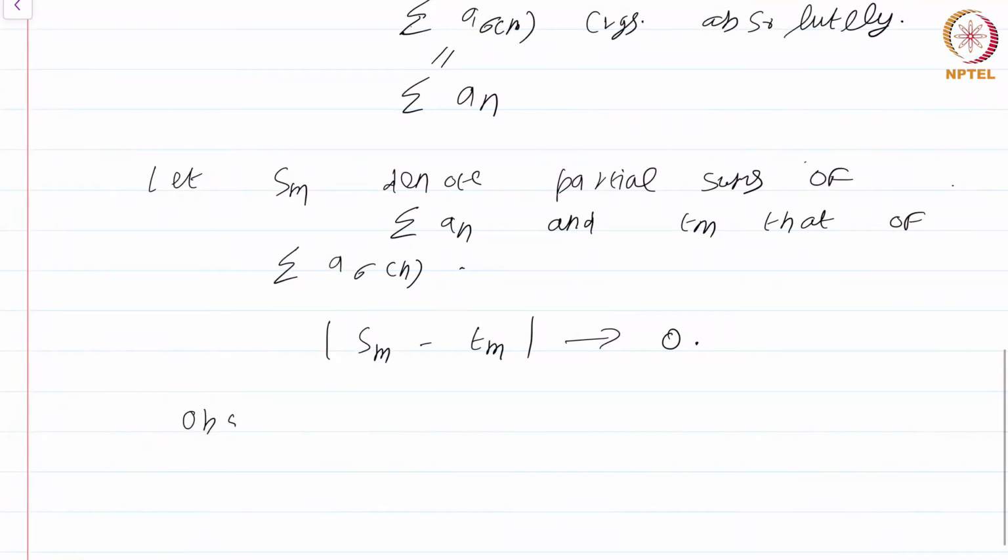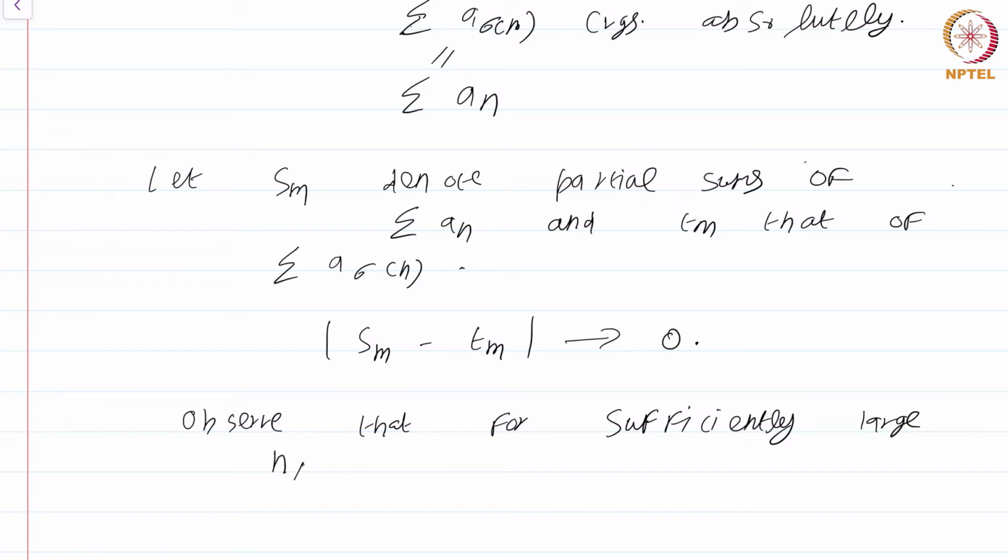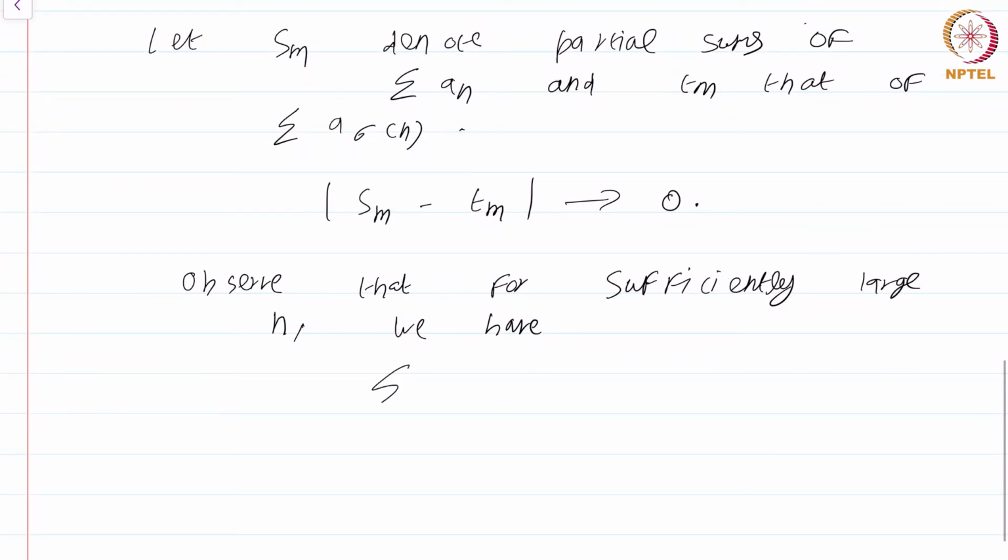Observe that for sufficiently large n, we have summation mod a_j, j running from n to infinity, is less than epsilon. Okay, so I have to fix epsilon greater than 0.